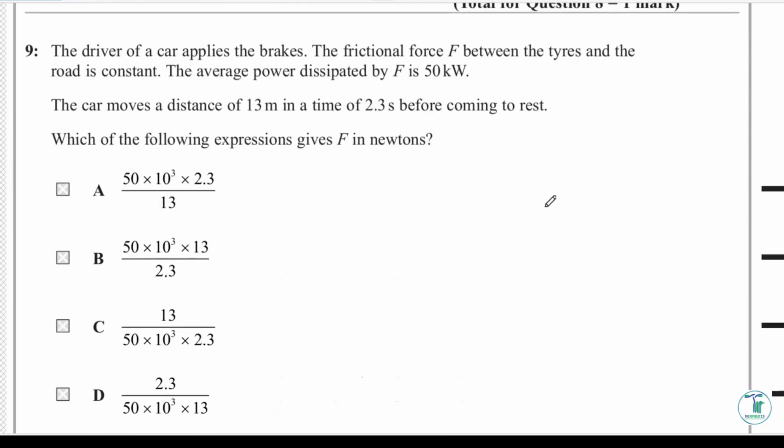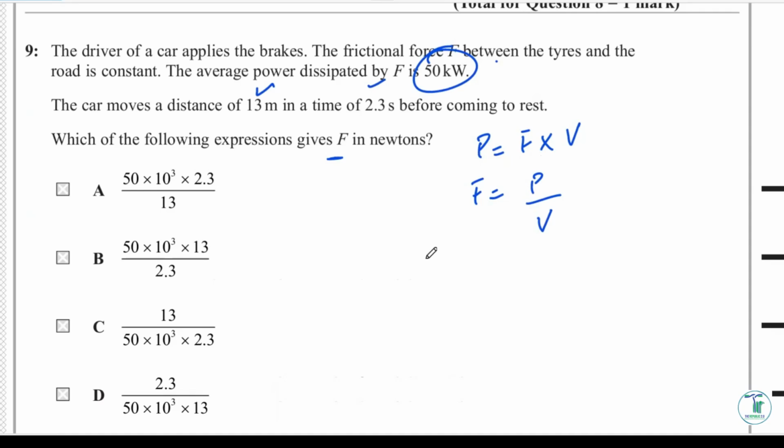Now you've got this question number 10, and we need to calculate which of the following expressions gives the force in newtons. So we need to calculate the force. If you remember the formula, power is equal to F times V, right? And if you are looking for the force, force must be equal to P upon V. You have got the power, and you have got the distance and time for the velocity.